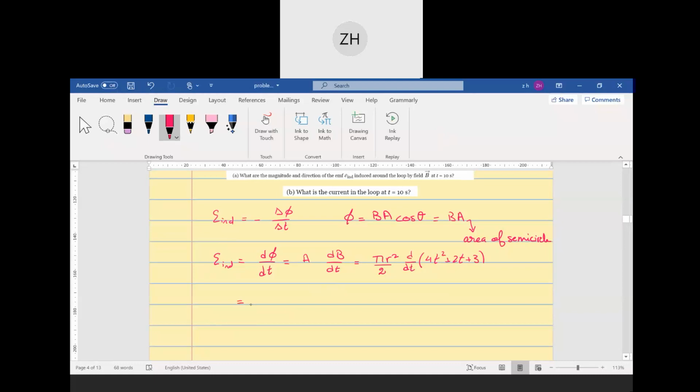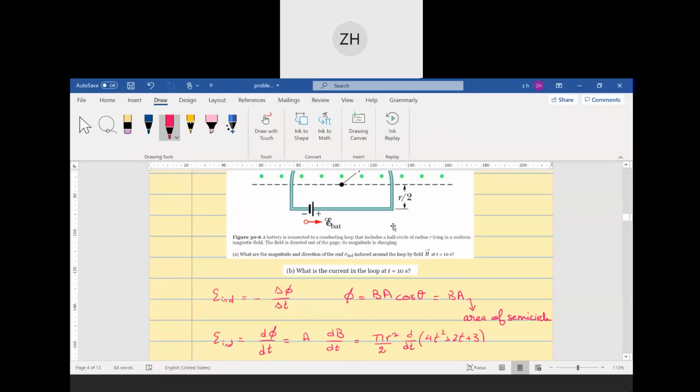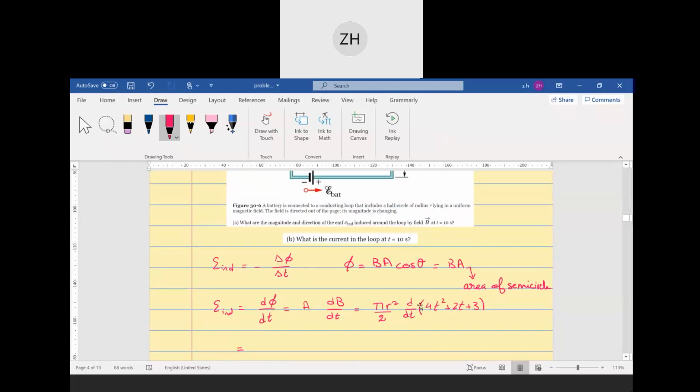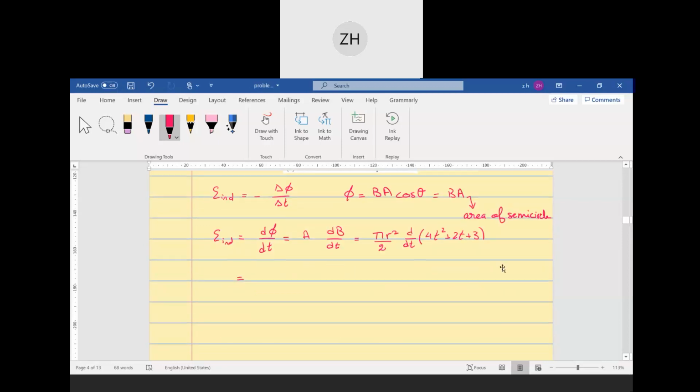We know the radius of the semicircle, it's 0.2 meters. We just have to differentiate this and then substitute the time to be 10 seconds as indicated in part A. So this is going to give us pi r squared over 2, and the derivative with respect to time of this expression will be 8t plus 2.